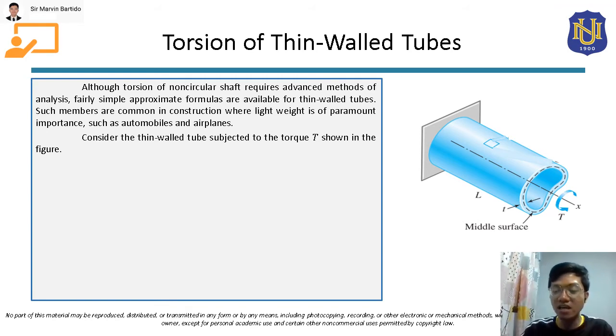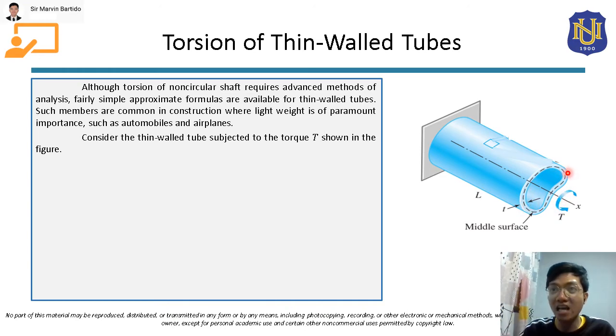Okay, so class, the shear stress here in the thickness of this thin wall tube. This is actually the cross section here, right? The cross-sectional area, since there is a hole in the middle. So class, the shear stress will be induced in the thickness of this thin wall tube.